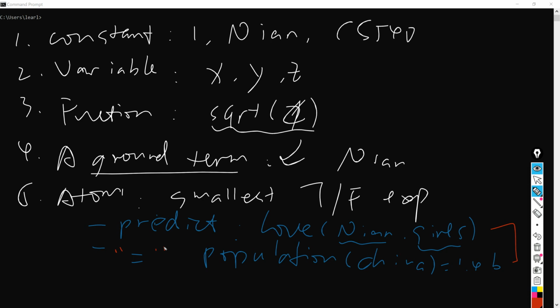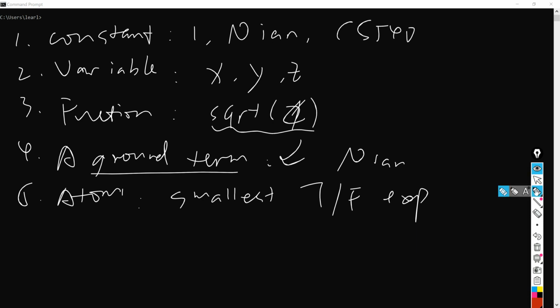Of course, we can add more and more stuff, like and, or, all kinds of things, but they're not atoms anymore. So just remember, an atom is the smallest true or false expression that is commonly used in our knowledge base.